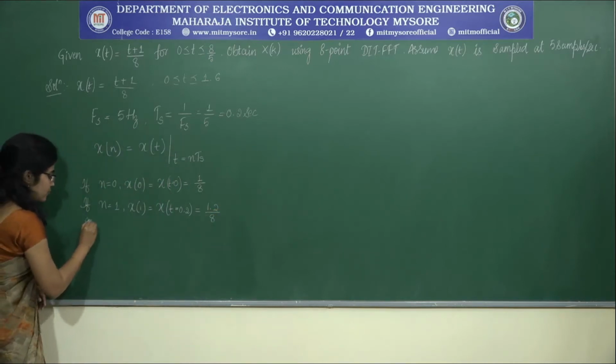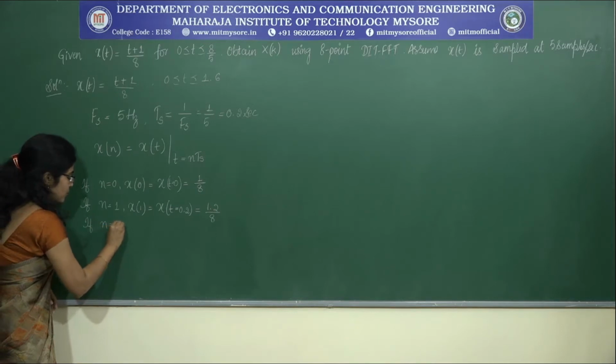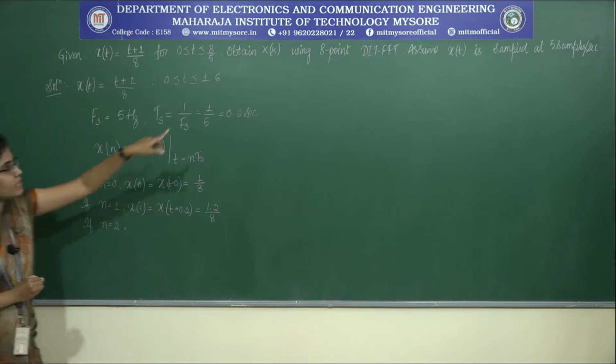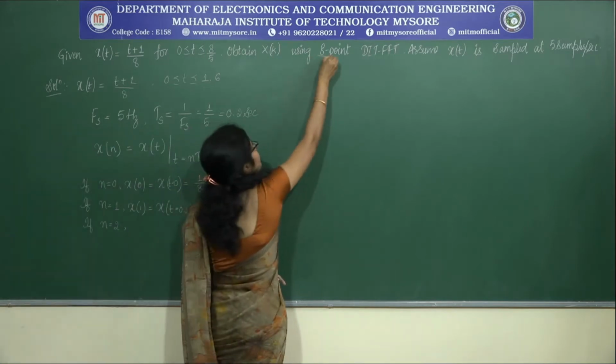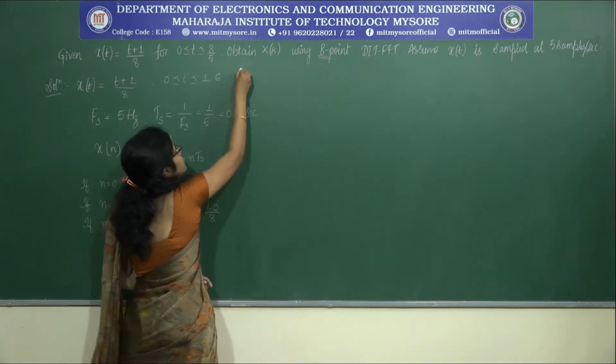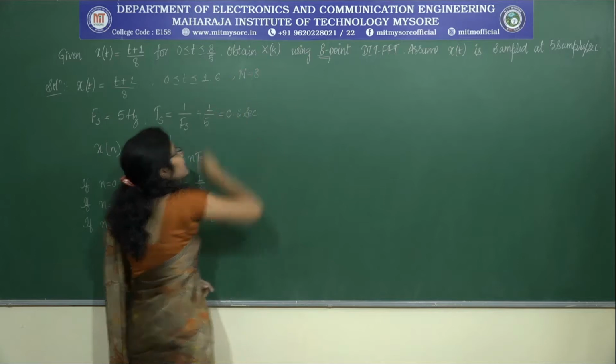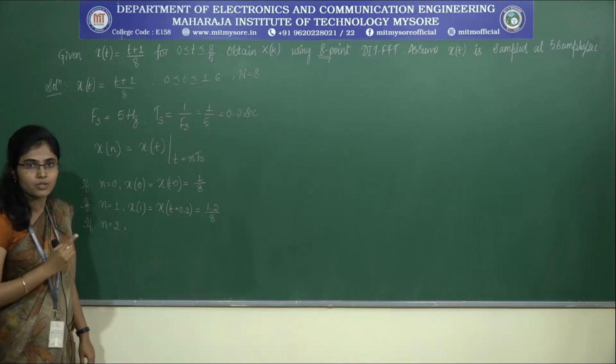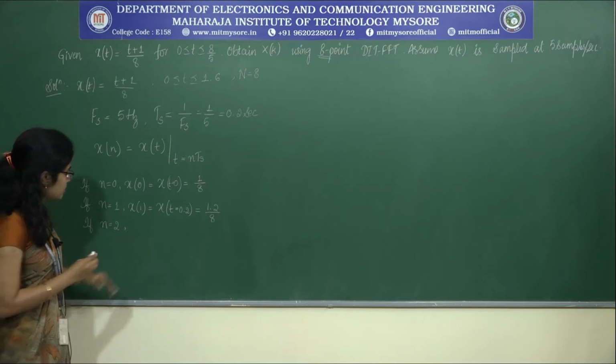Similarly, I need to find out all the values for n, that is from 2 up to 7. Why up to 7? They have told us to use 8-point DFT. So the capital N value is 8. We know small n ranges from 0 to N minus 1. So I need to find out the same thing.